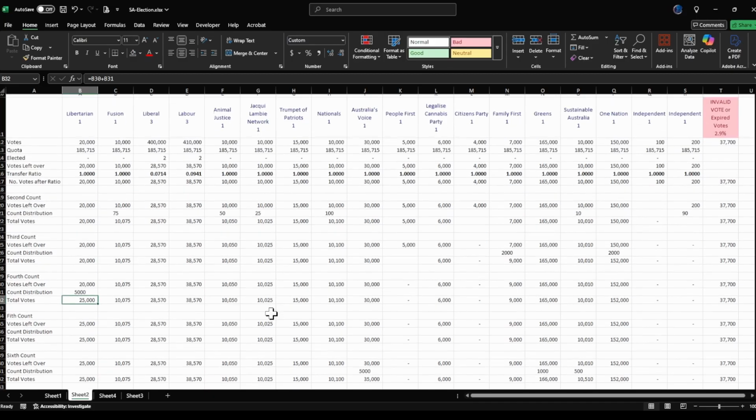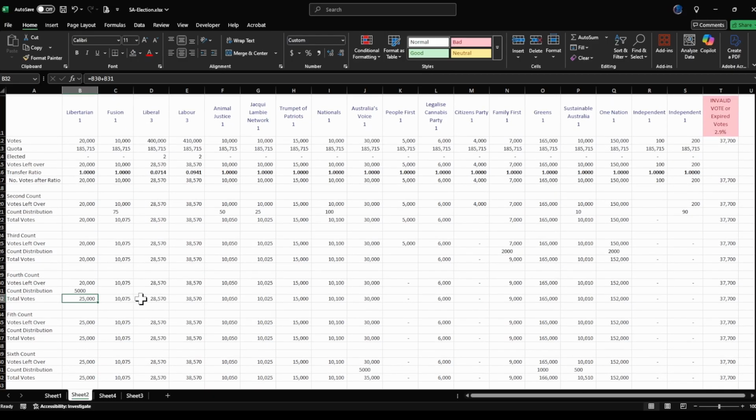So when we go through here, now we look at this and we see that still nobody has got quota. So what is our next lowest group number? That happens to be, in this situation, 6,000 votes. So now we're down to the 4th or 5th.